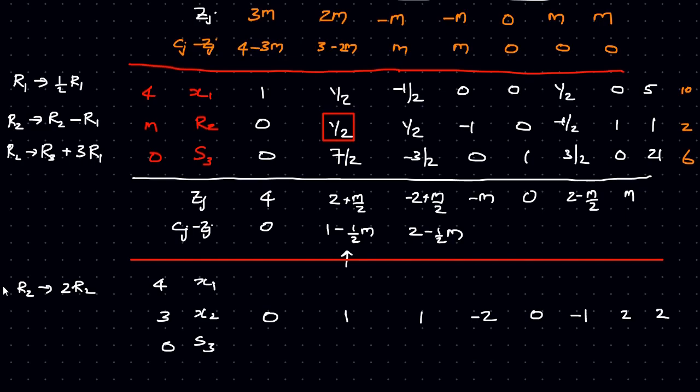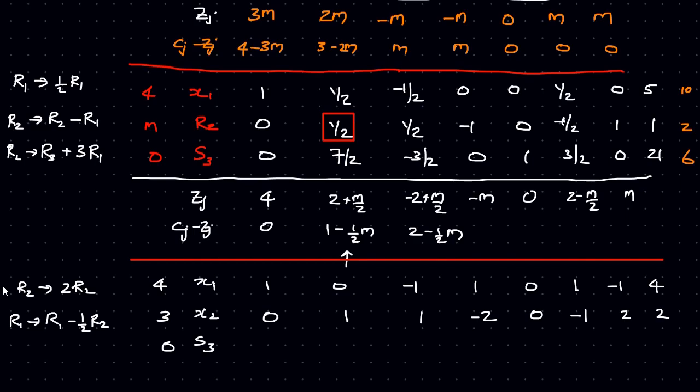Okay, so we have these values here, and for x1 we had half here, so in order to change that we need to do this operation, r1 changing to r1 minus half r2. Once we do that, we get the following values: 1 0 minus 1 1 0 1 minus 1 and 4.